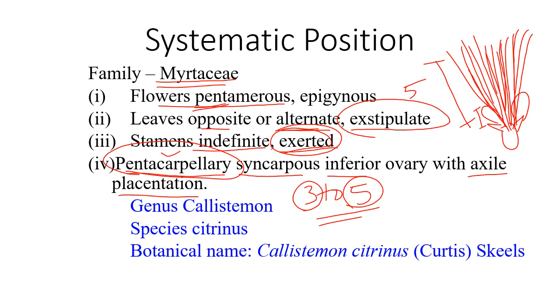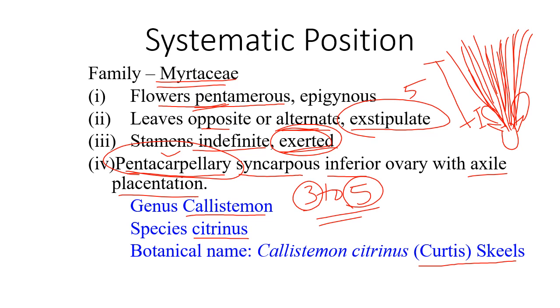And the genus is Callistemon and species is citrinus, and the botanical name of the plant is Callistemon citrinus, and these names are representing authority.